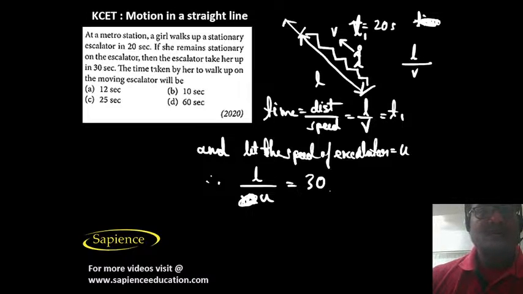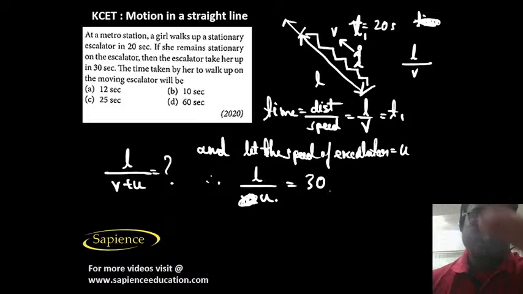So here we have to find the time taken by her to walk up on the moving escalator. It means we have to find L by V plus U. So L by U is 30, and L by V is equal to 20, which is given here.